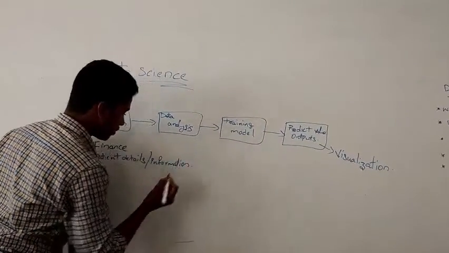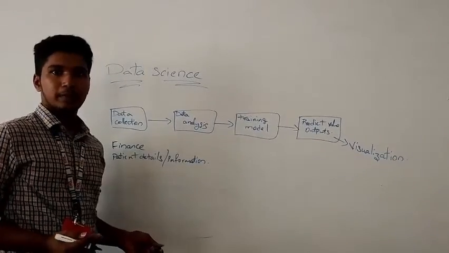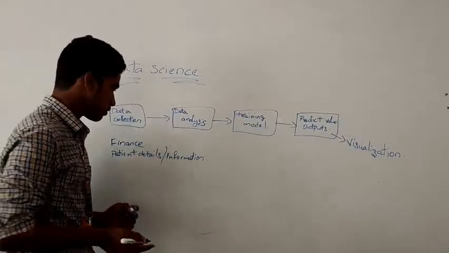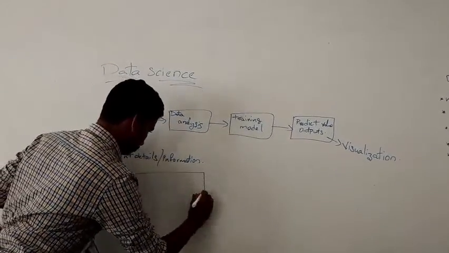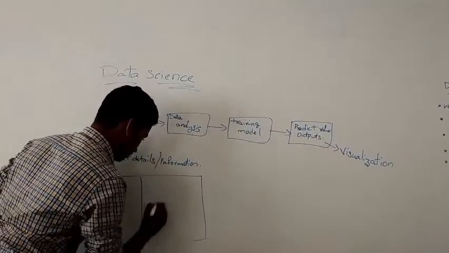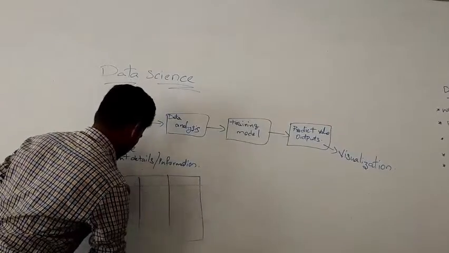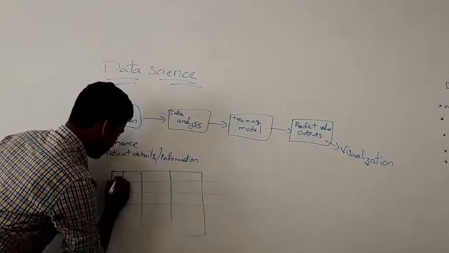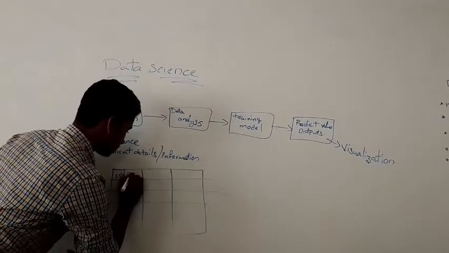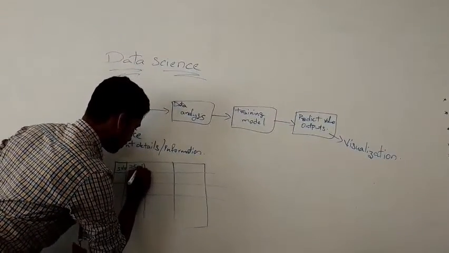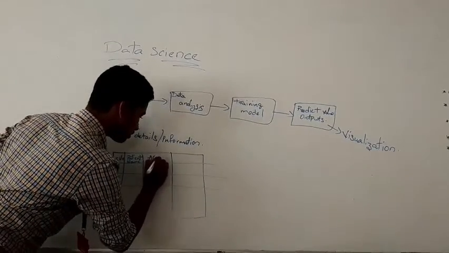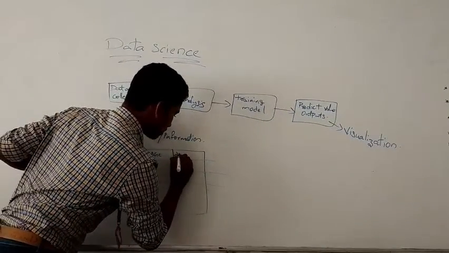We'll take an example. For example, we'll take a patient data set like how many members got which disease. Patient name, age, and the disease.